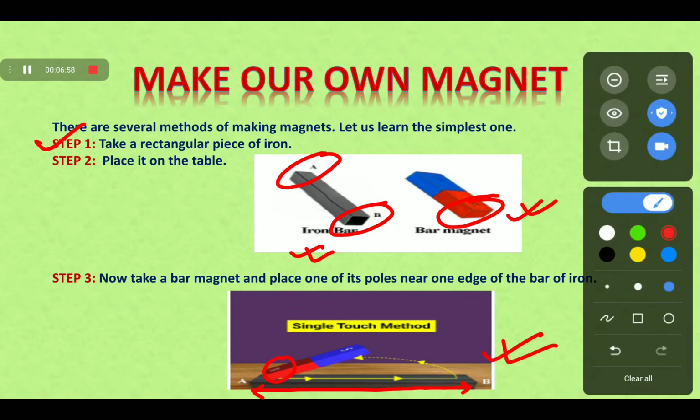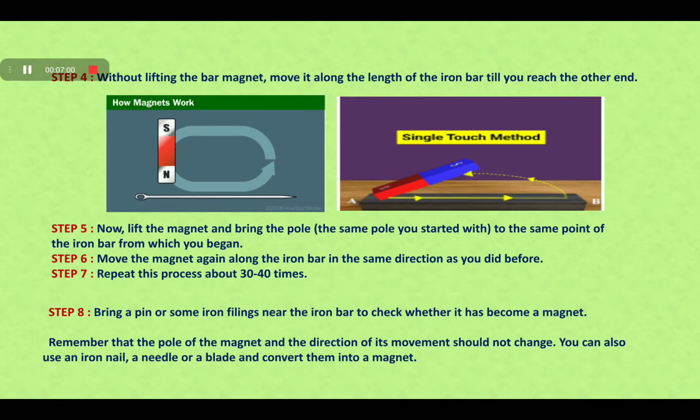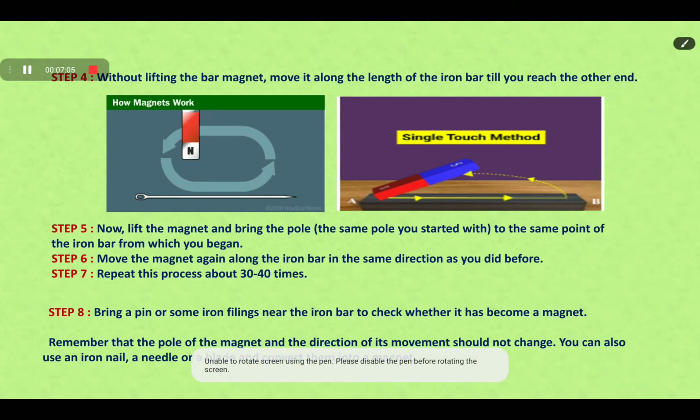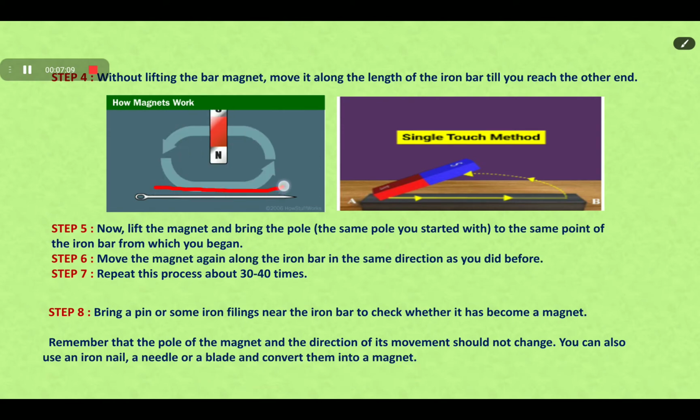Now, in the next step, without lifting the bar magnet, we have to move it along the length of the iron bar till we reach the other end. After reaching this end, we have to lift the magnet and bring it back to the pole where we started, like this.